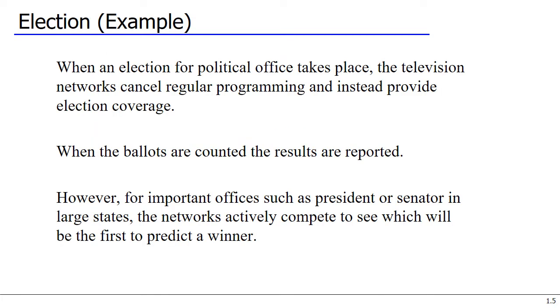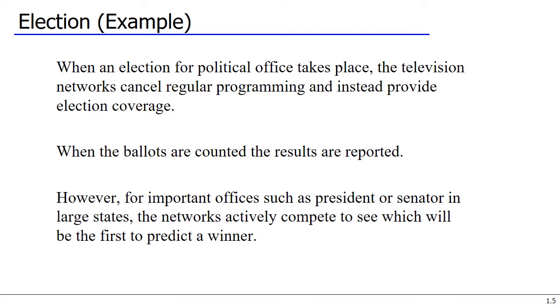Let's see another example, an election example. When an election for political office takes place, the television network cancels regular programming and instead provides election coverage. When the ballots are counted, the results are reported.